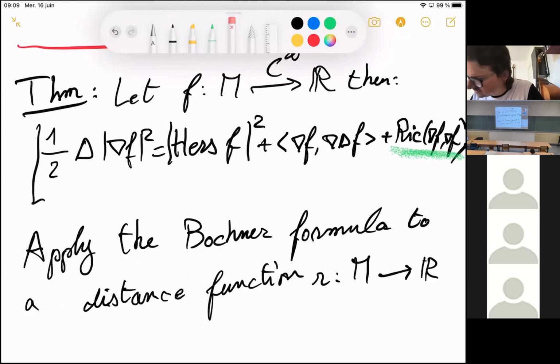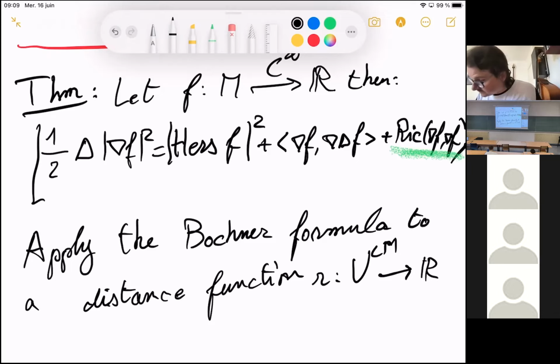This is a purely local computation, so having a function defined on the whole of M or on an open set in M doesn't make any difference.